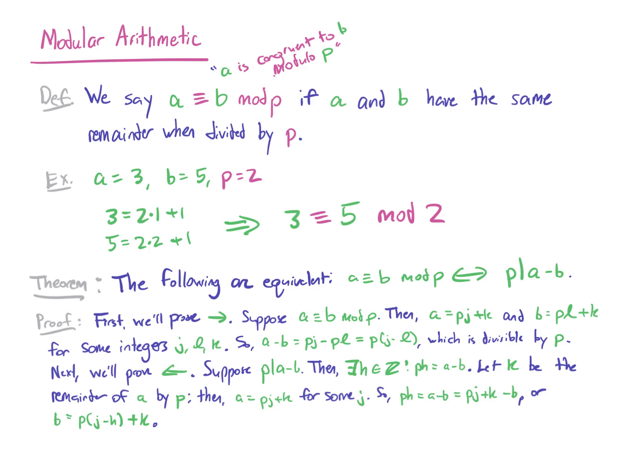Okay, so we know that b has the same remainder when divided by p as a, as was to be shown.